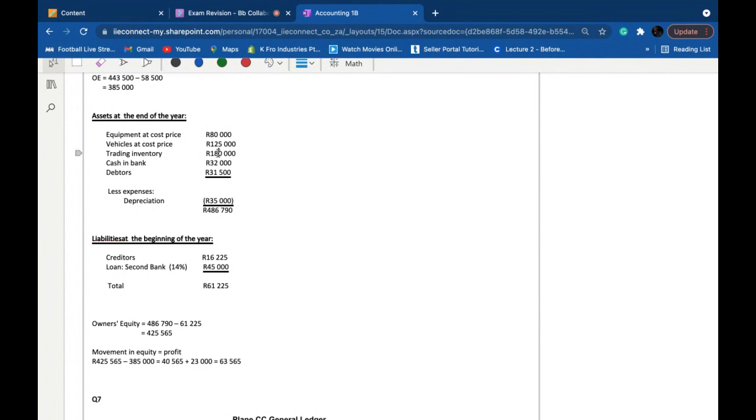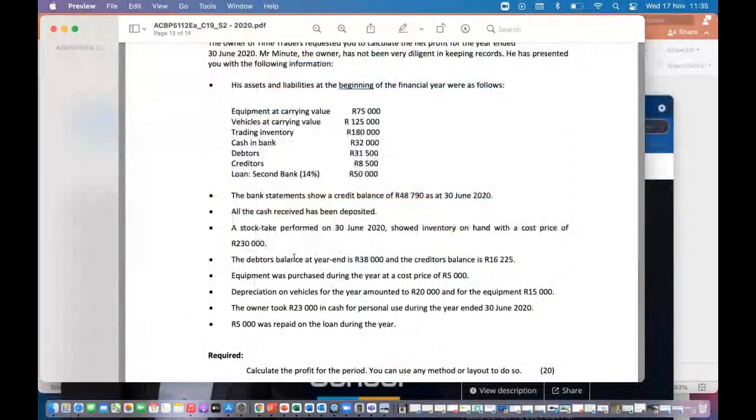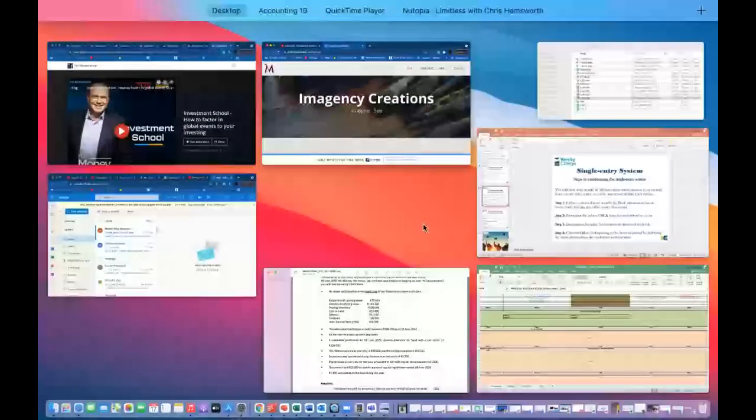Trading inventory, remember they said we had 230,000 in trading inventory. Cash in the bank. So remember there was a negative amount of 48,079. Let me make sure I'm correct there. They said credit balance. Bank statement shows a credit balance. Yes. So that's going to be a negative.